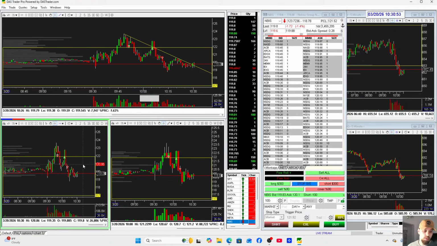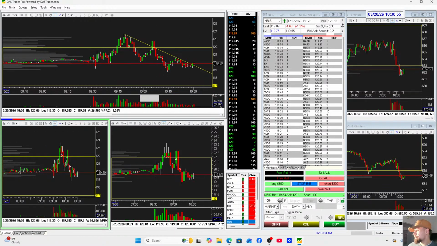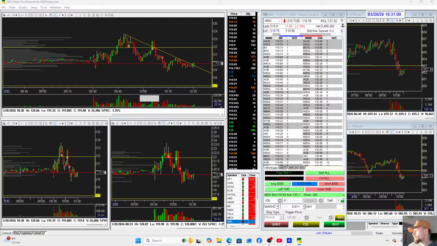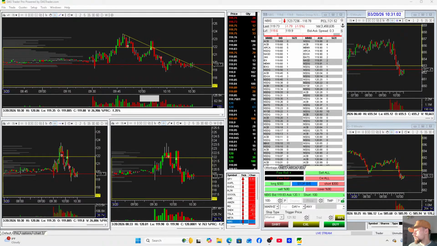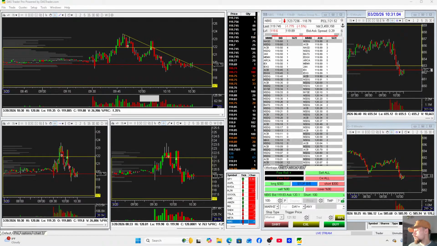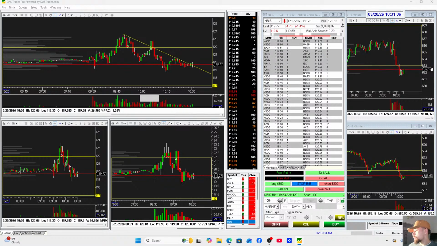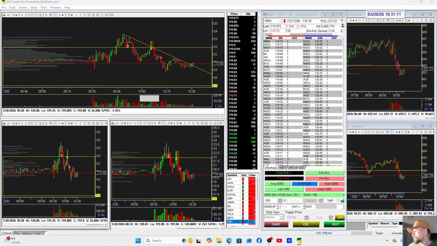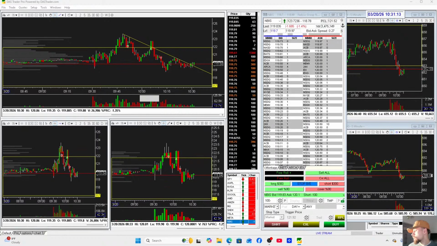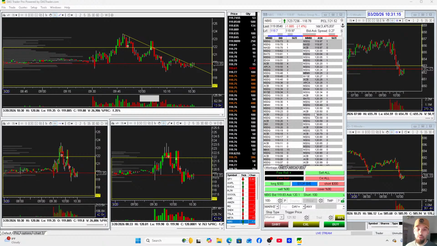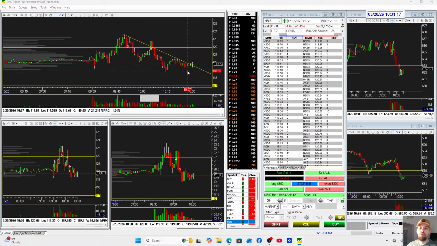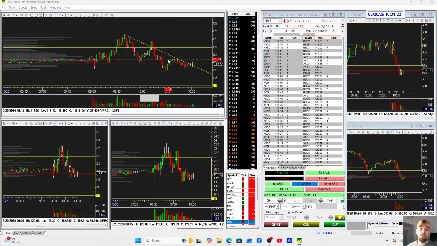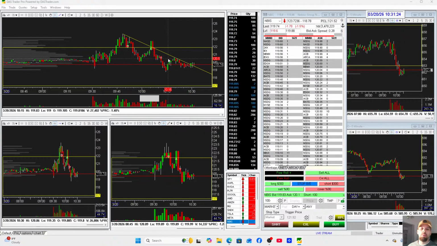Let's go to the 2-minute here. So we're still in our position here. We haven't caught the bulk of the move we're looking for.